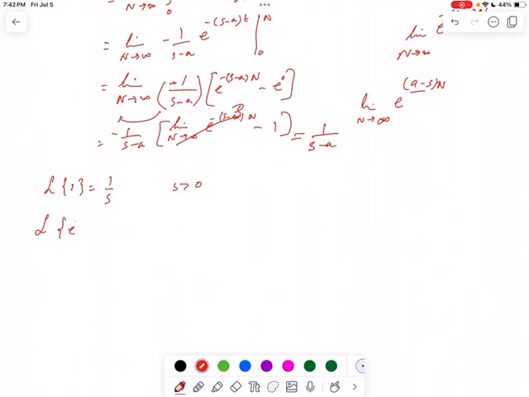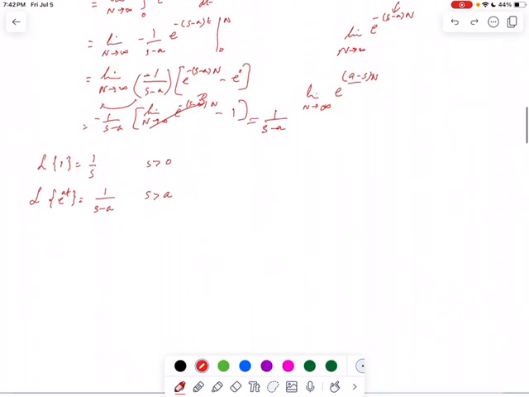Now we have the Laplace transform of e to the at is 1 over s minus a, and s has to be greater than a. So with these known, you can use them later. So for example, if you have to find the Laplace transform of, I think we will wait for that example anyhow.